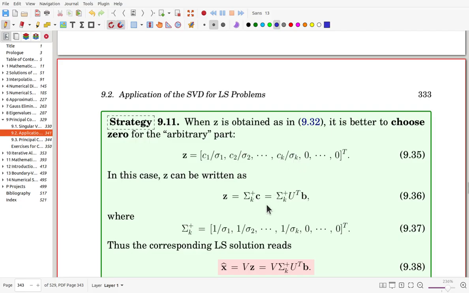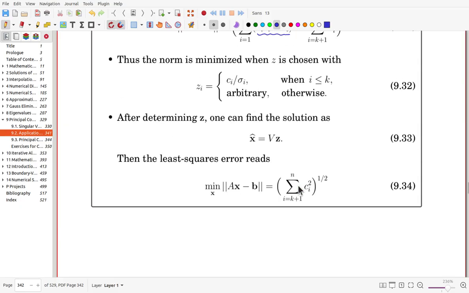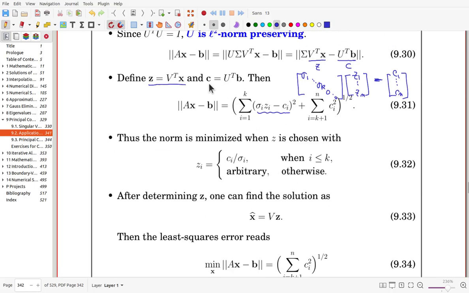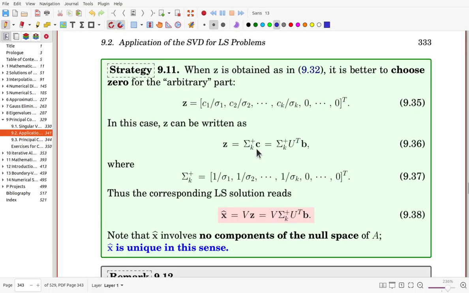And what is c now? C is U transpose b. Okay, so that we reach this term. Now, in summary, we can write in this way. X hat, the least squares solution, is V z, and now z is the same as this term, so we reach that.